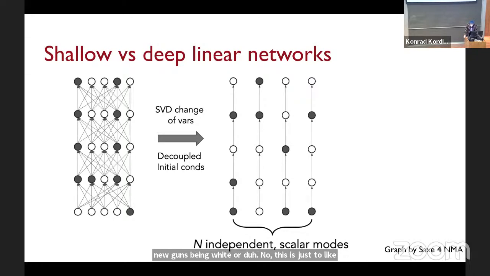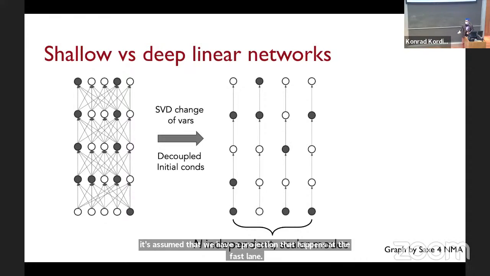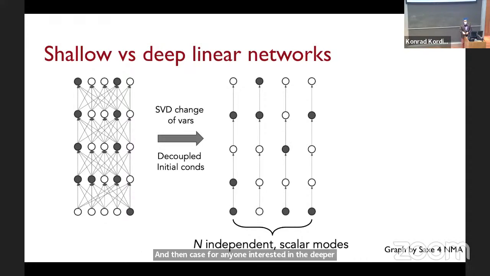Sai asks, can you explain each component learns a different thing? That part is confusing. In the linear thing, it's assumed that we have a projection that happens at the first layer. In any case, for anyone interested in the deeper part, read the Saxe and Ganguli paper. But there was for sure an exercise that did exactly this.